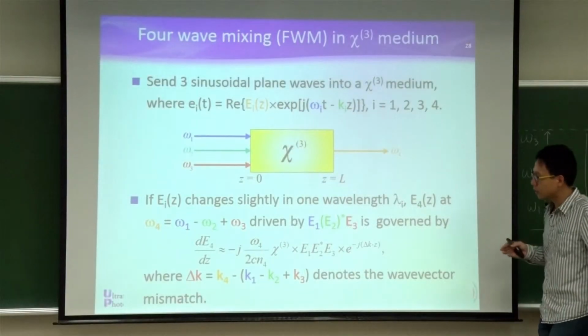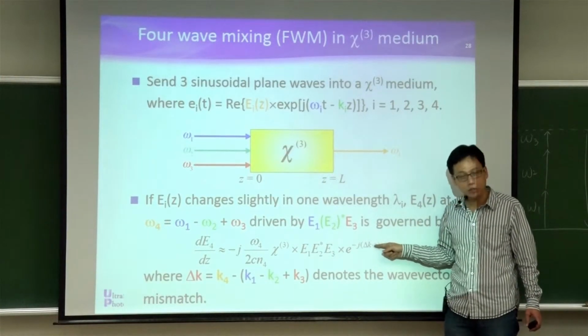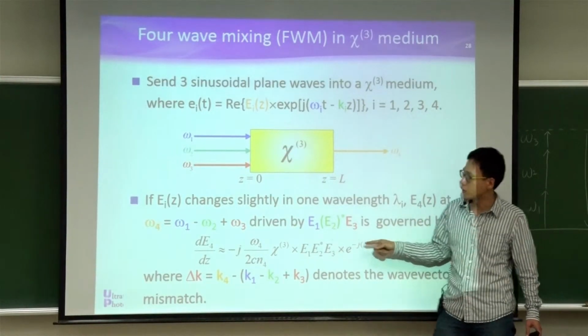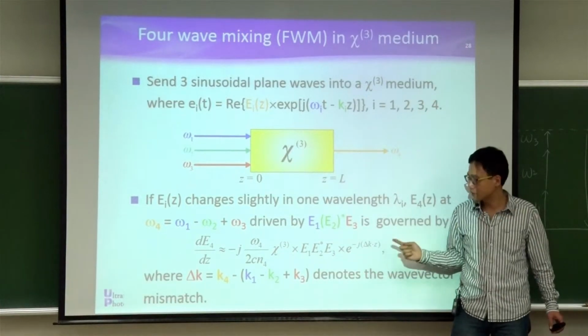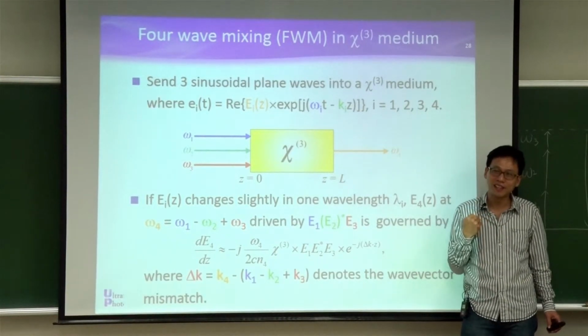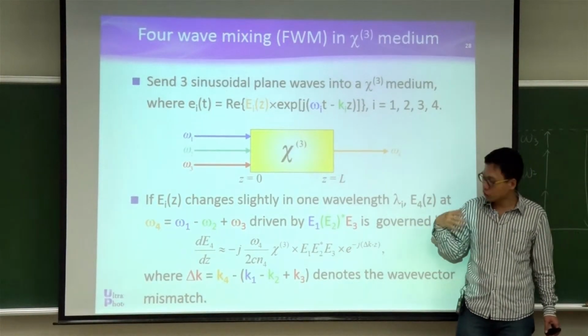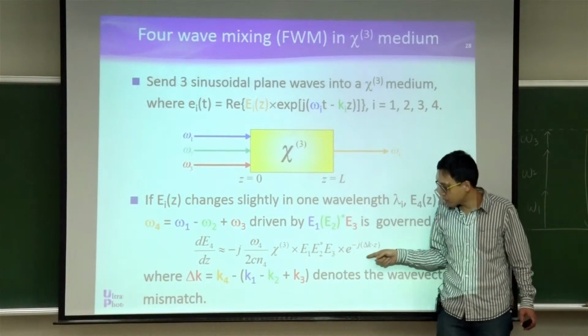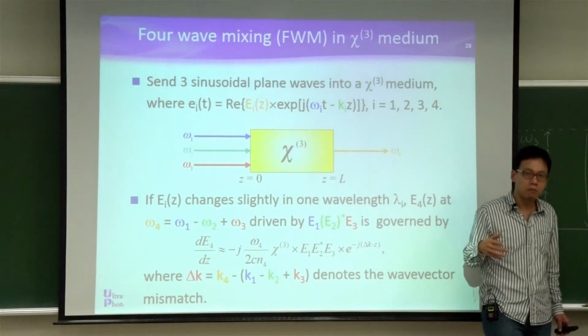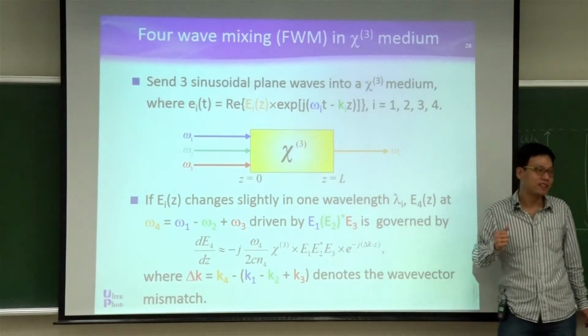But if delta K is non-zero, you can imagine starting with z equals 0, your input, what is the value of this term? It is equal to 1, right? But when z increases to some extent, maybe this term can be minus 1 if the phase is pi, right?